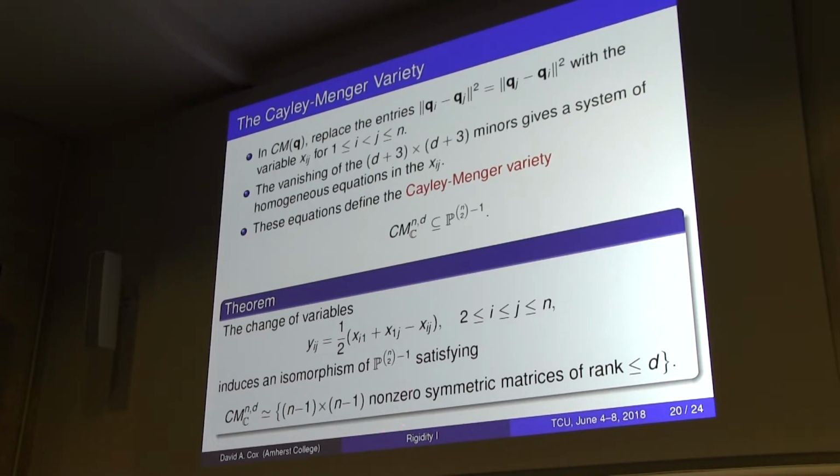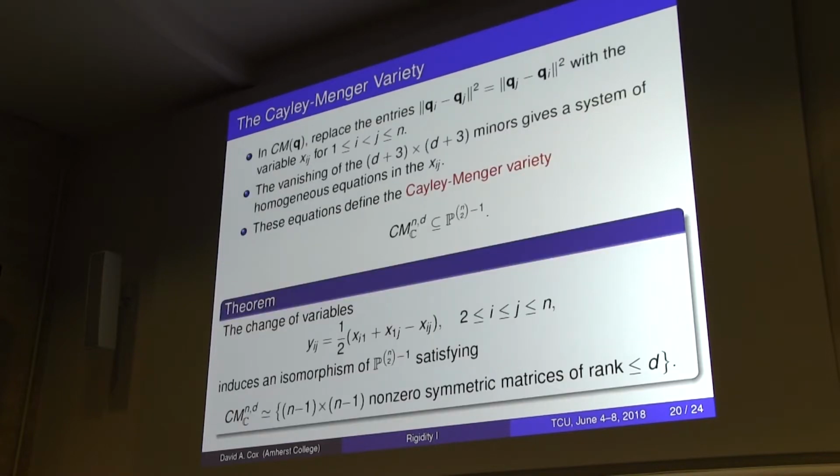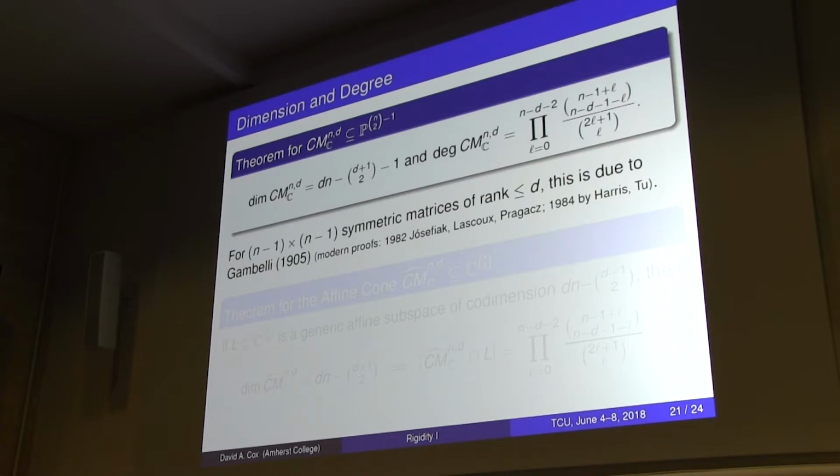So all of a sudden, some really interesting matrices are beginning to show up, and this is a very classically studied algebraic variety. Here I'm working over the complex numbers, and so here's the Cayley-Menger variety over the complex numbers, and again it's isomorphic to this other well-studied variety. And it turns out that we actually know its dimension.